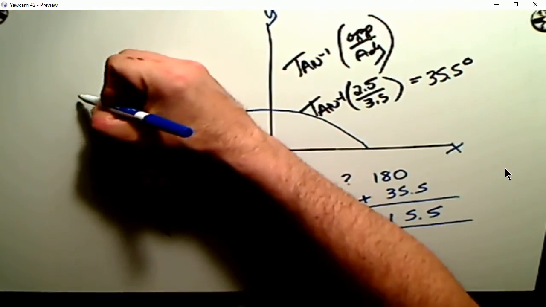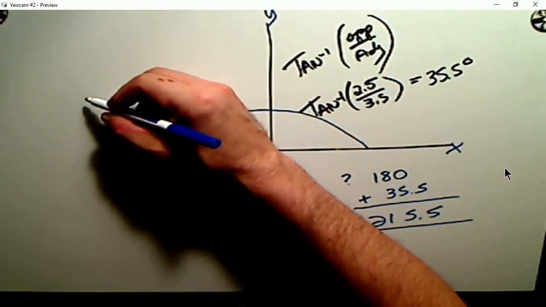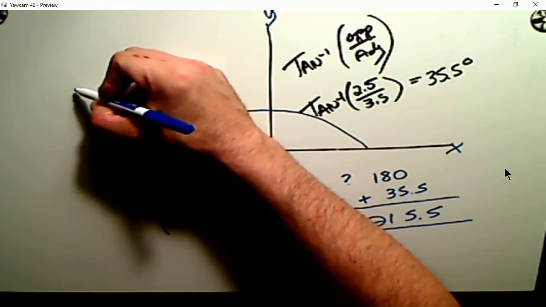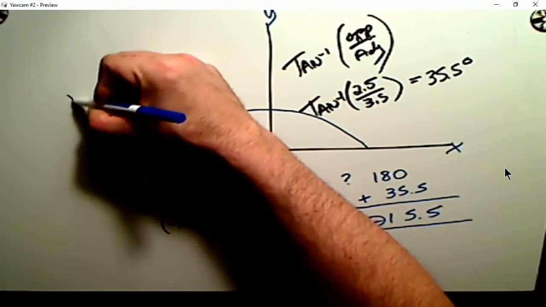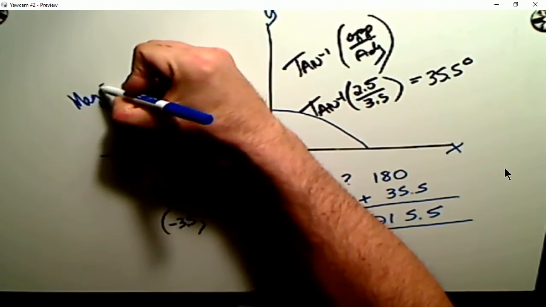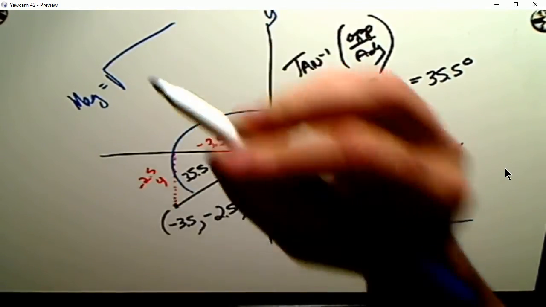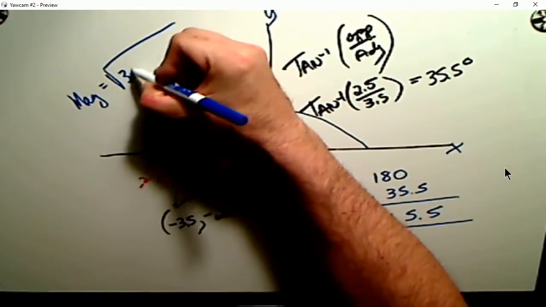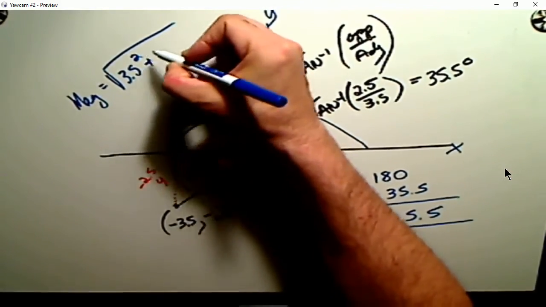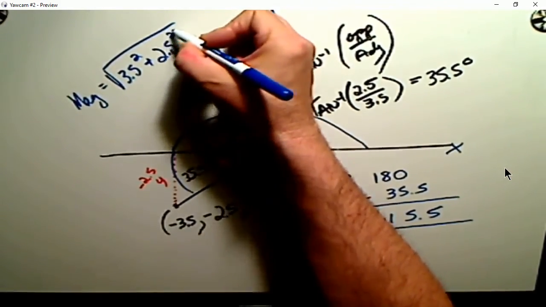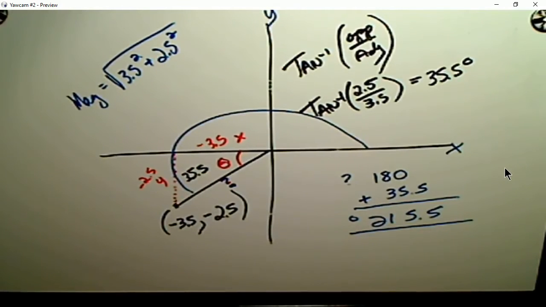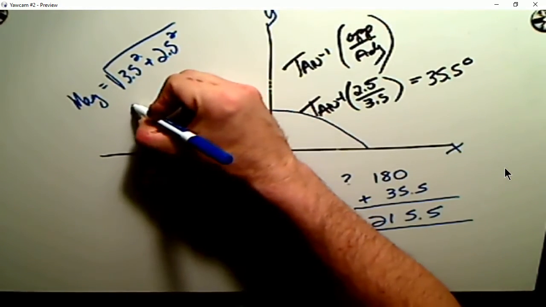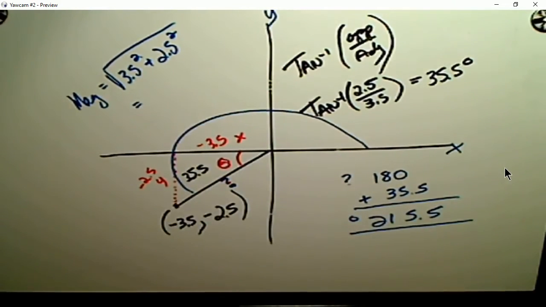So, we go back to old Pythagorean's theorem, right? To get the magnitude, we take the square root of 3.5 squared plus 2.5 squared. And what does that yield? Well, we'll show that in a slide coming up.